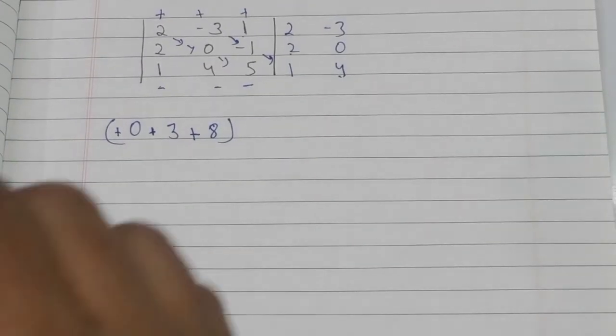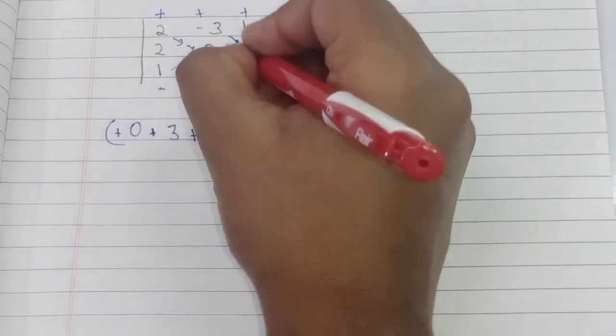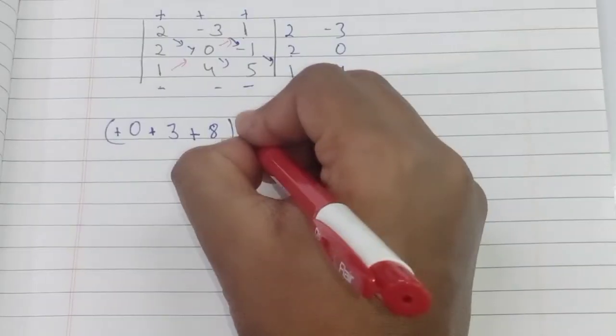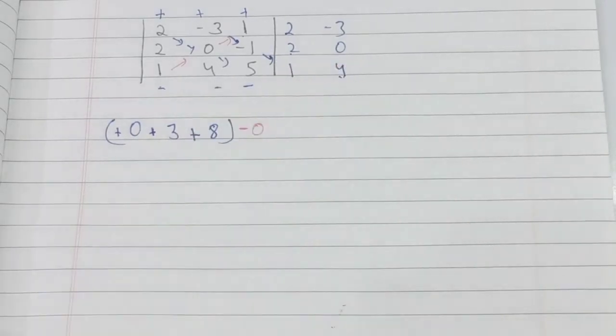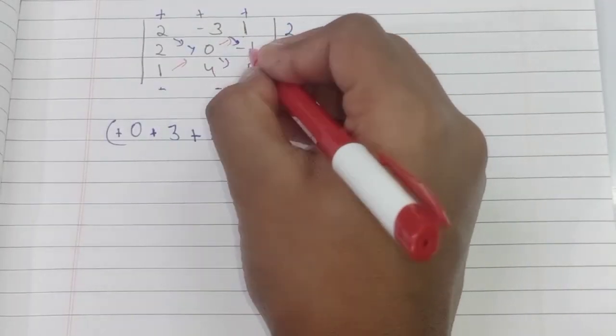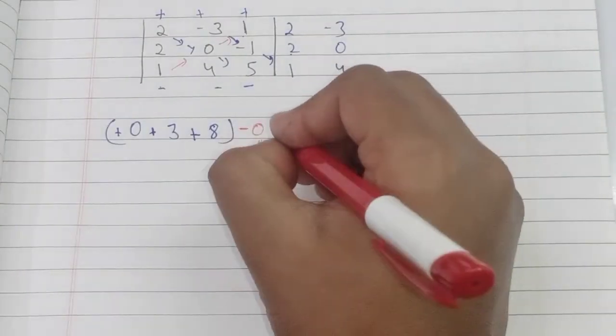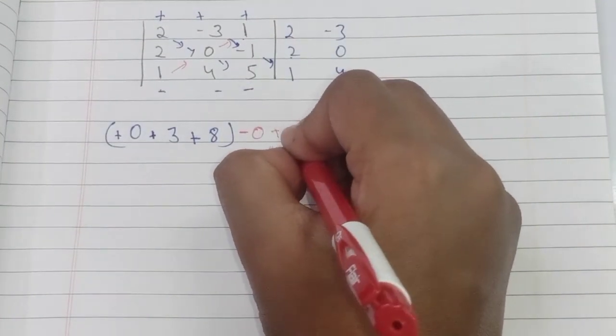Now if you multiply from downwards, that is negative 1 into 0, that's 0, into 1, that's still 0, so this is negative 0. Then we multiply 4 into negative 1, that's negative 4, and negative 4 into negative 1 gives a positive 4, positive 4 into 2, that's positive 8.